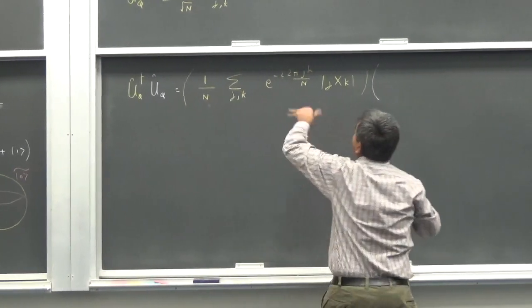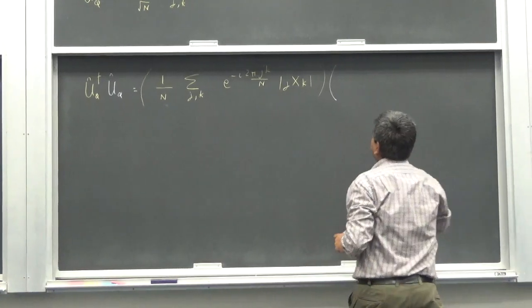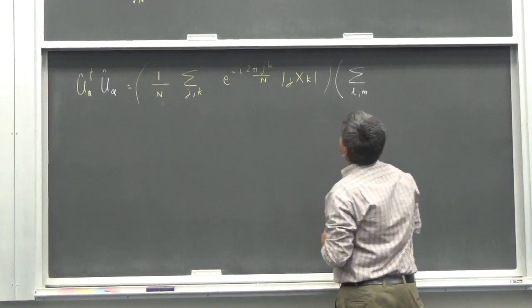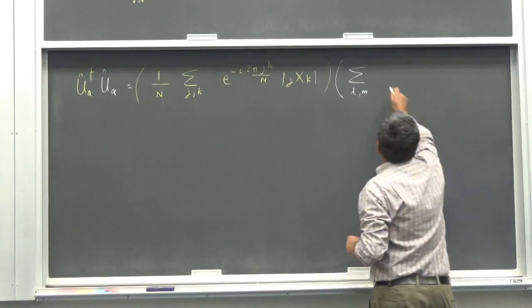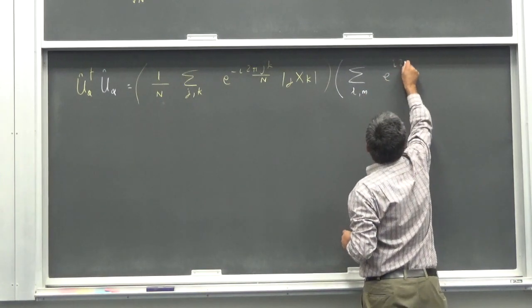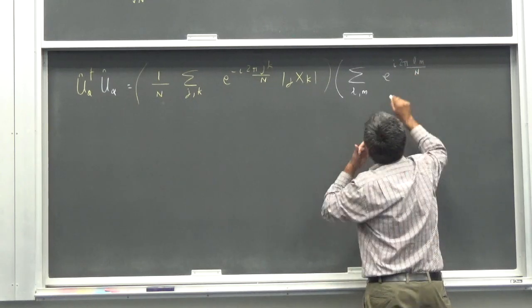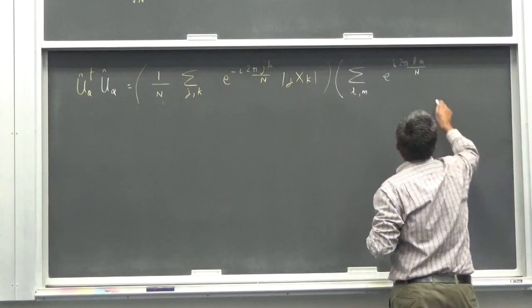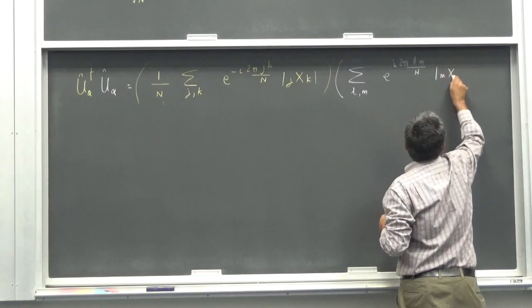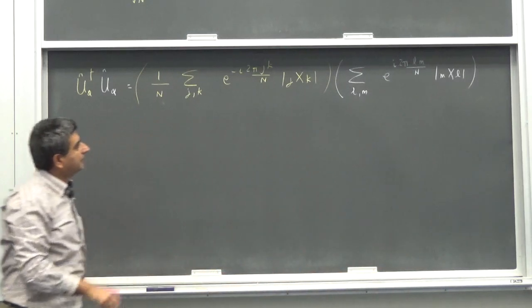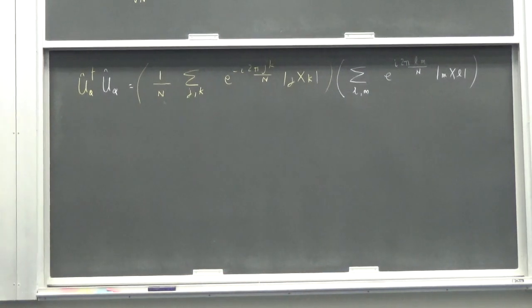I've already pulled it out, put 1 over n in its place. Instead of jk I now use l and m: e to the i 2 pi l m over n, ket m bra l. Right? Correct?